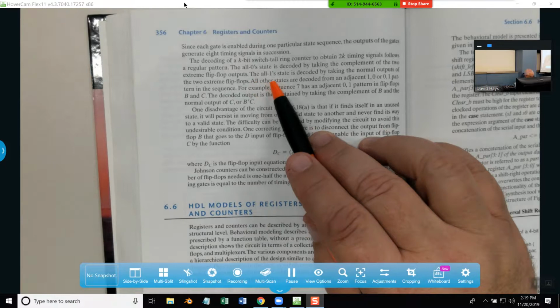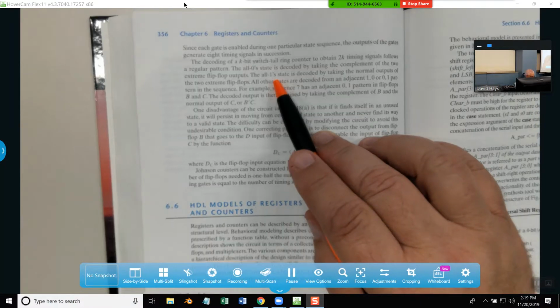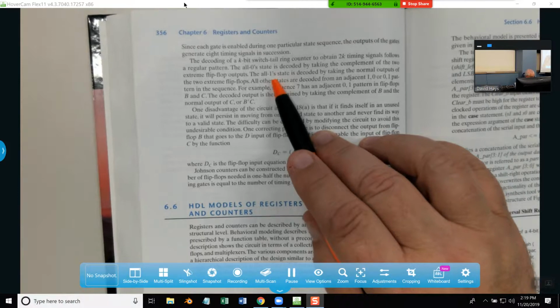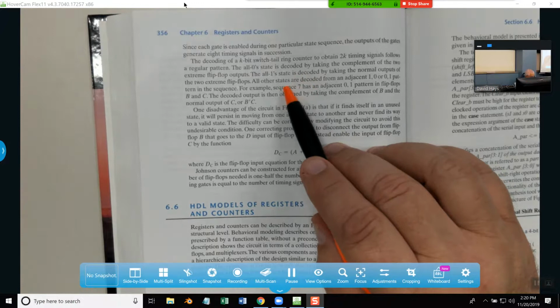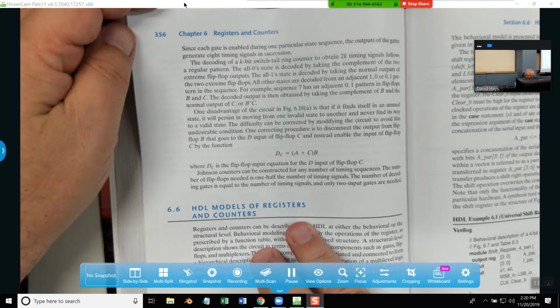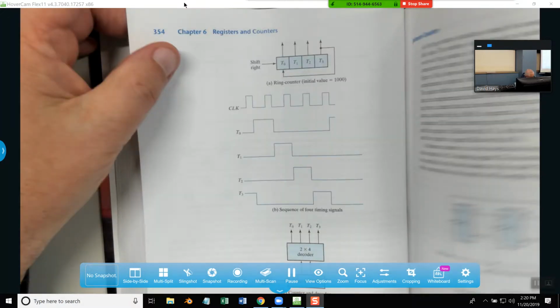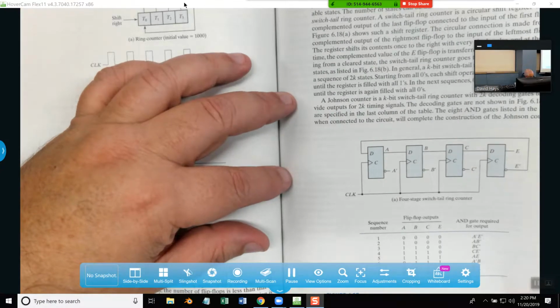Two extreme flip-flop outputs. I guess that makes sense. If this was 0 and this was 0 initially, no, this shifts, but then this one wouldn't.